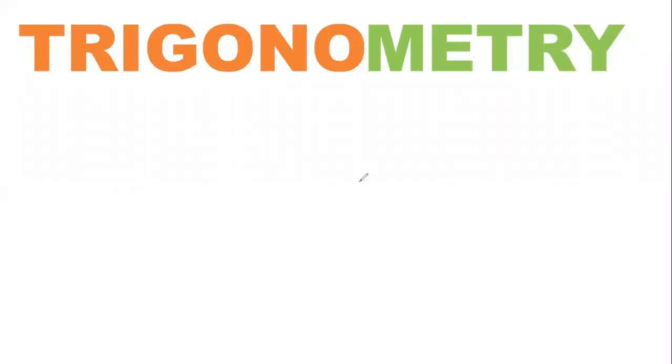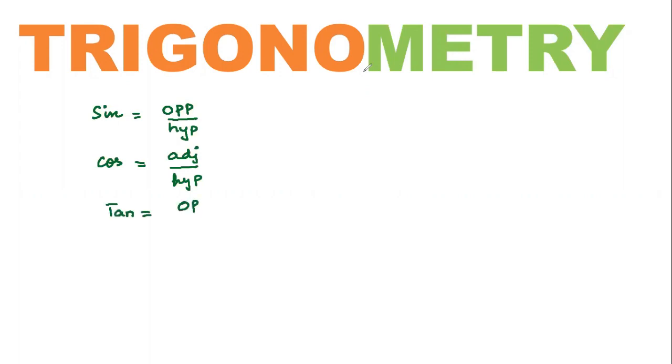Let us summarize whatever we learned. Sin theta is equal to opposite upon hypotenuse. Cos is equal to adjacent upon hypotenuse. Tan is equal to opposite upon adjacent.